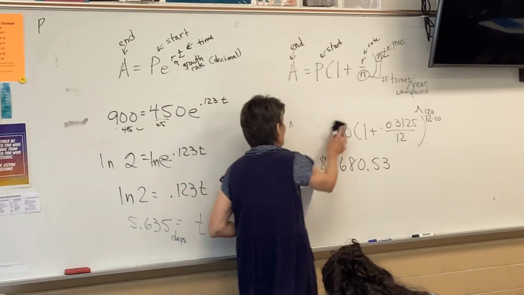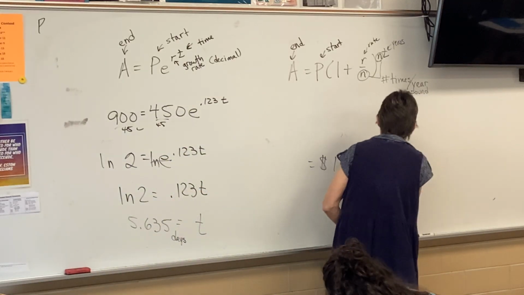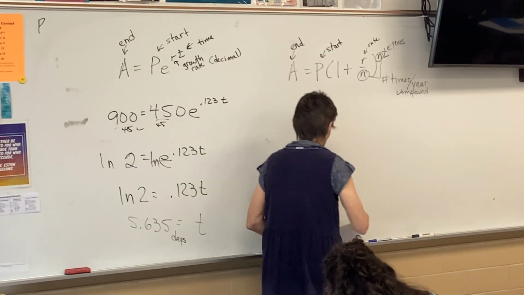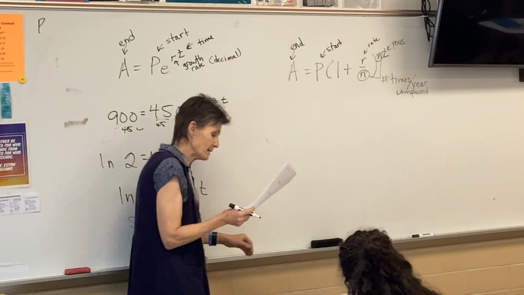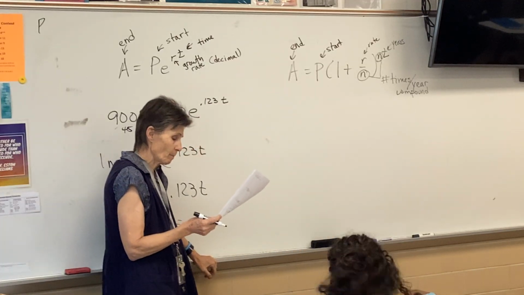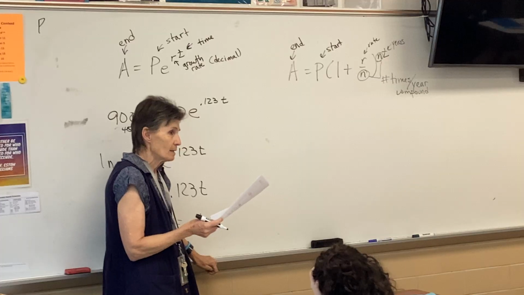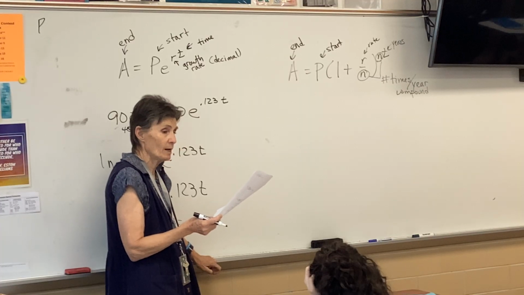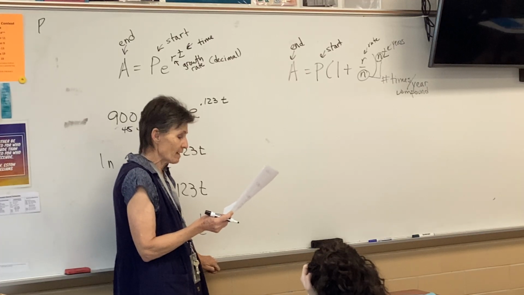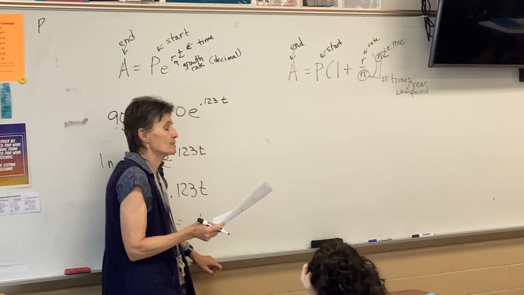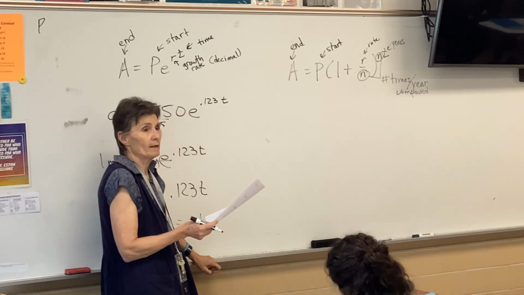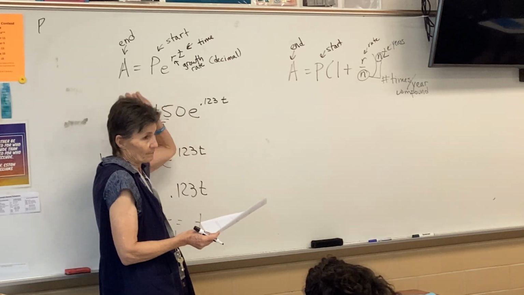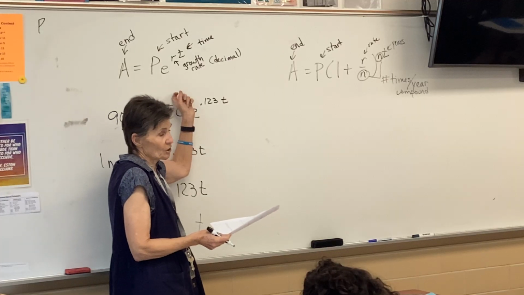Problem 4. How much do I need to deposit in an account paying 4% interest compounded continuously if I want to have 35,000 in 10 years? Which formula? Okay, I want you to look back at your notes.